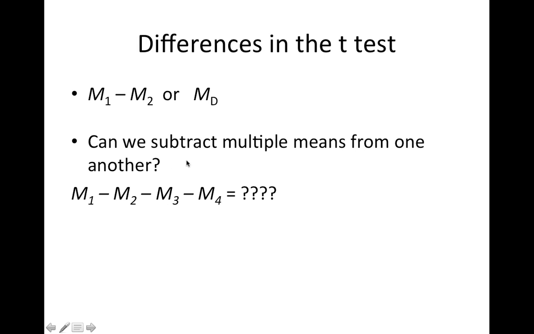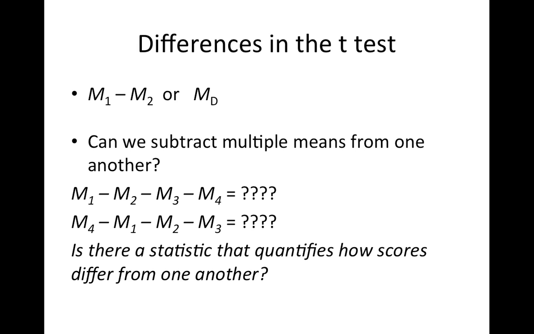Well, we'll probably get a big negative number, subtracting 3 means from 1. Then do we subtract the first, second, and third from the fourth? There doesn't seem to be any order or any reliability or any systematicity to this sort of thinking. But we can ask ourselves, is there a statistic that quantifies how scores differ from one another?